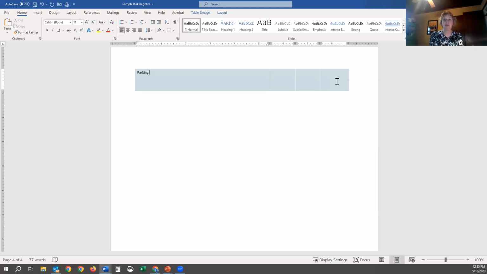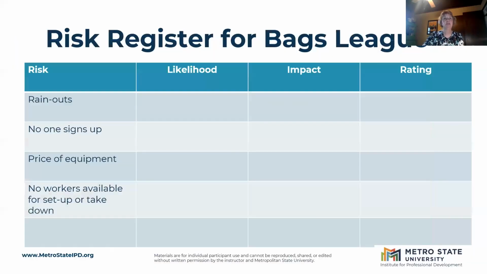And we already talked about, if we have too many things going on, do we have enough workers to support not just the bags, but all the activities? So it's good to take a moment to assess as being part of a system.